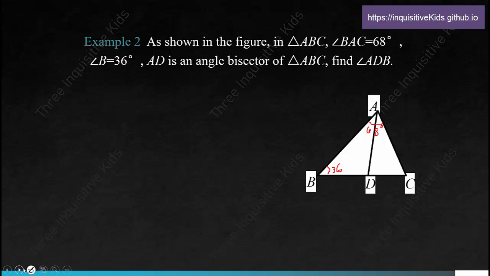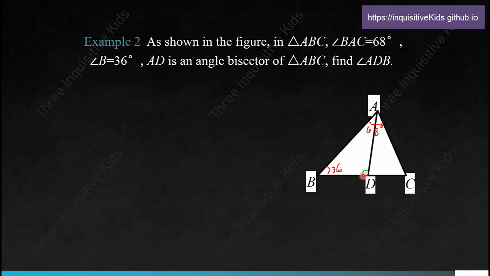We are trying to find angle ADB. And we know that AD here is an angle bisector of the triangle, also an angle bisector of angle BAC. What do we need to know in order to find this angle right here?